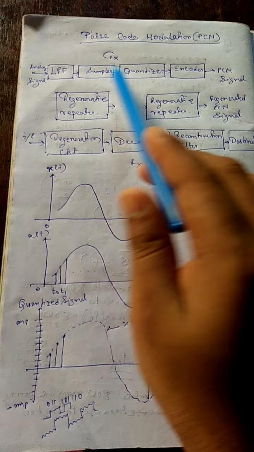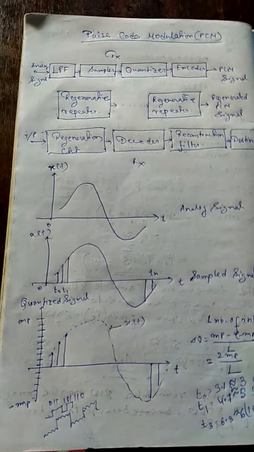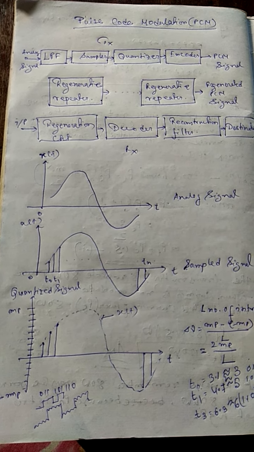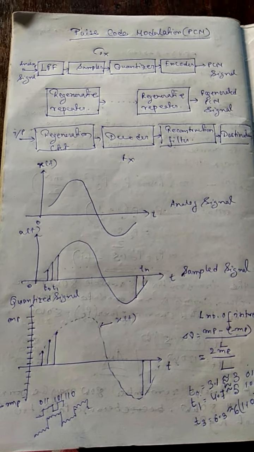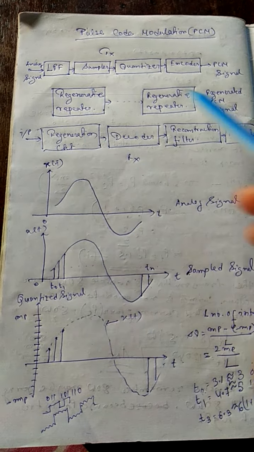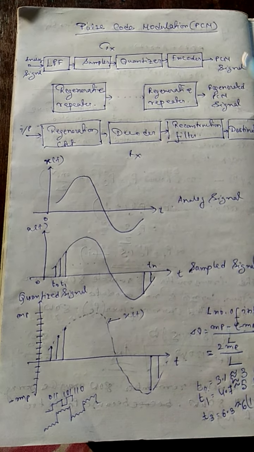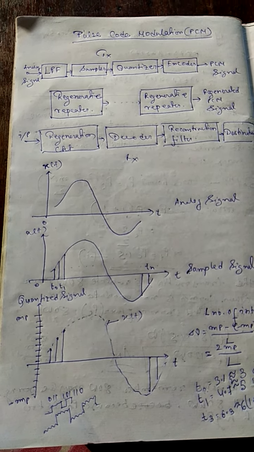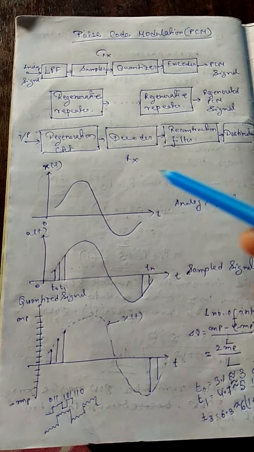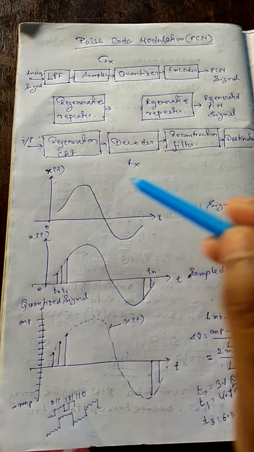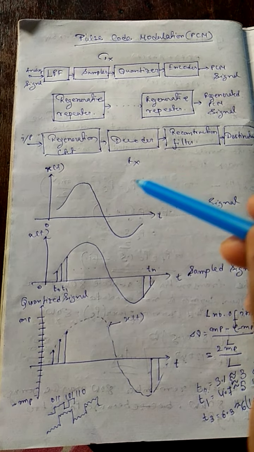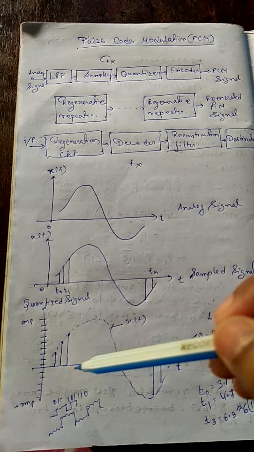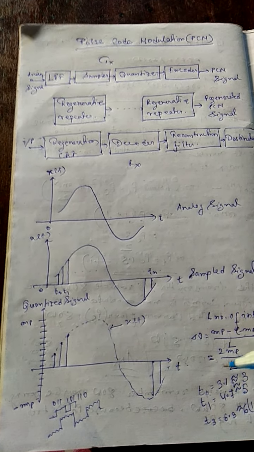So with the transmitter circuit we convert the signal from the analog part to the digital part. Then we use the channel to prepare the signal for the next step, and then the receiver circuit converts the signal from digital form back to analog form.